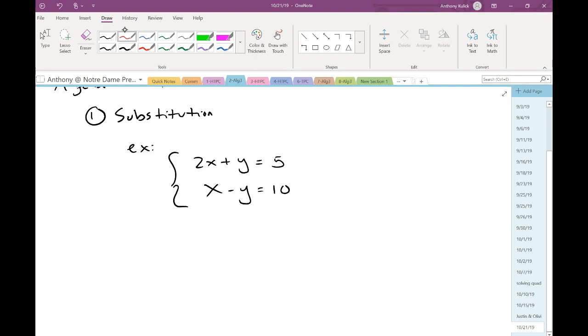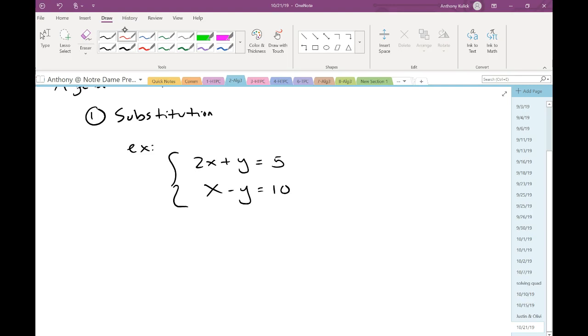One way to do that is using the process called substitution. What substitution is going to do is allow me to solve for one variable in terms of the others, and then plug that answer into one of the other equations. Thus, I eliminate that variable from it.